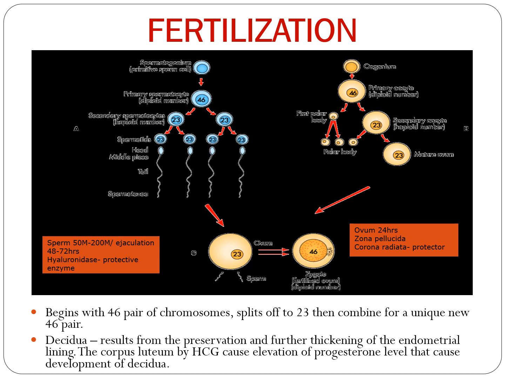Once the endometrial lining has thickened, it is called decidua. The corpus luteum, by the HCG, the human chorionic gonadotropin, causes the elevation of the protein level that causes the development of the decidua. So it is the corpus luteum that secretes HCG so that our decidua provides a good environment for our embryo.